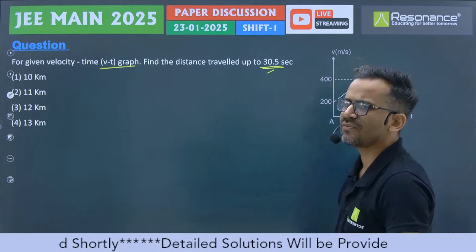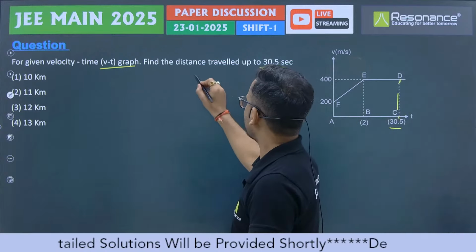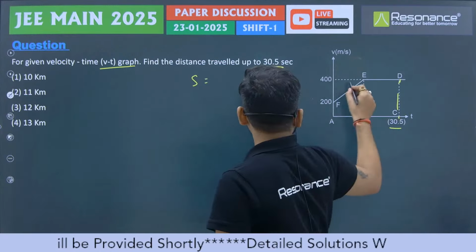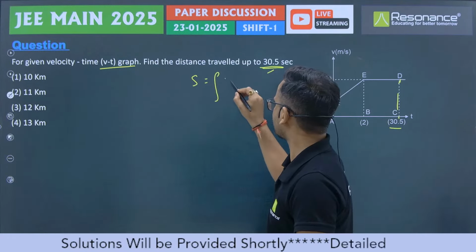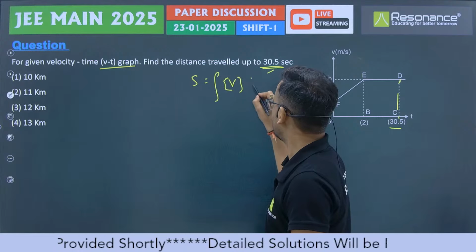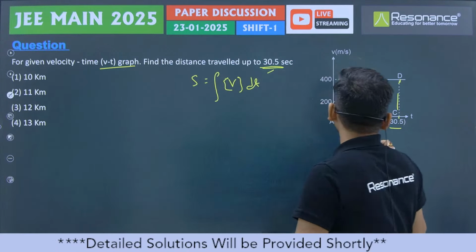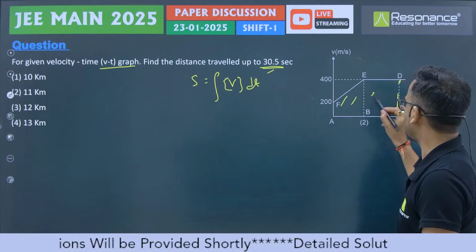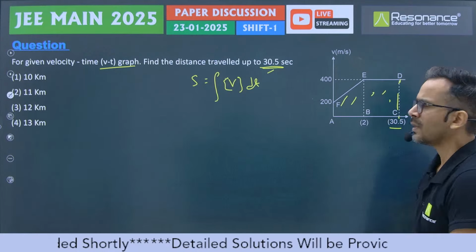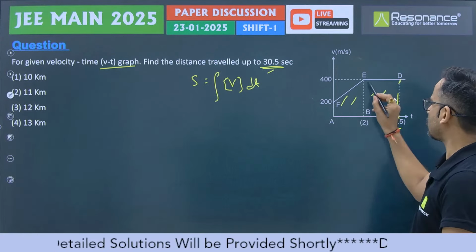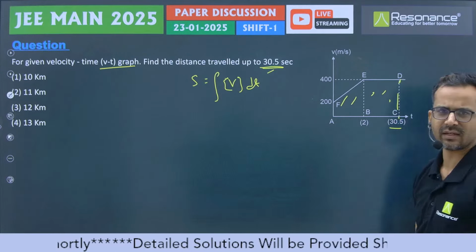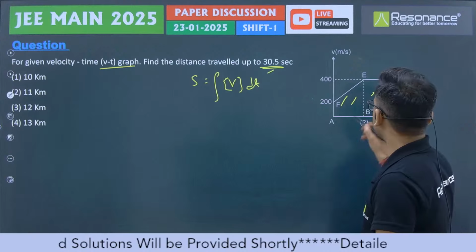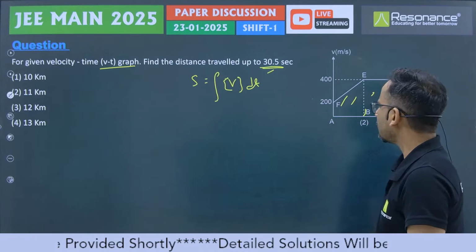In the case of a v versus t curve, we know that distance traveled is given by, as distance is positive here, obviously the integration of v dt, right? So here we have to calculate this area. Either you can break it into a triangle, then a square, a rectangle, and then this rectangle, or we can use this as a trapezium.